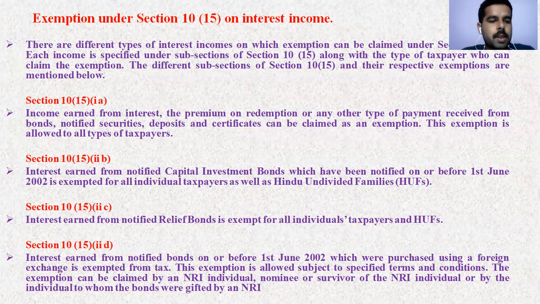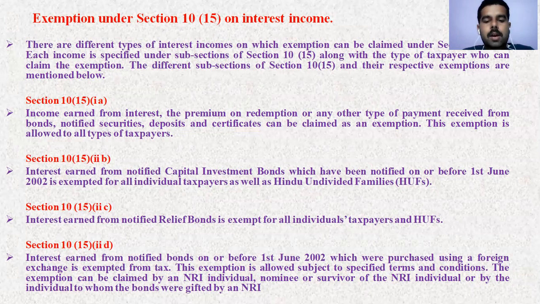Okay, then section 10 subsection 15 I see here, interest earned from notified relief bonds is exempt for all individual taxpayers and Hindu undivided families. Okay, the next, section 10 subsection 15 ID, interest earned from notified bonds on or before 1st June 2002 which were purchased using foreign exchange is exempted from tax.